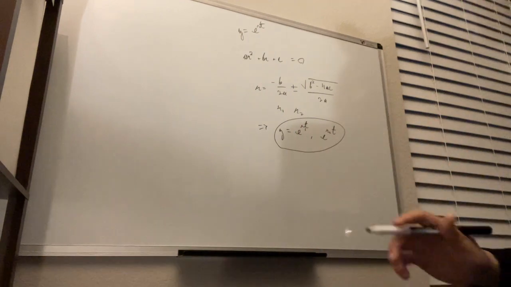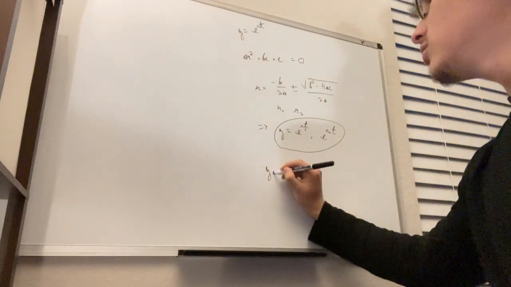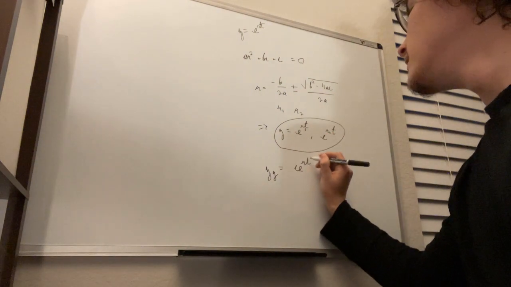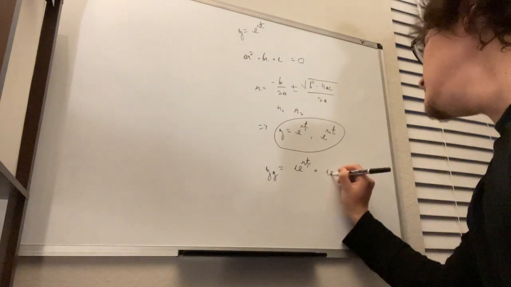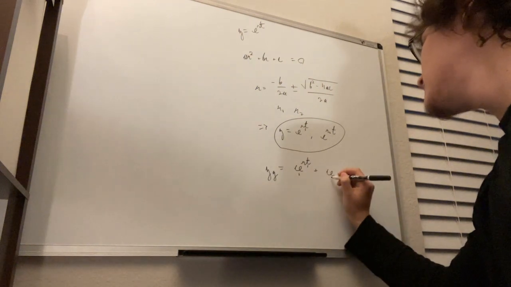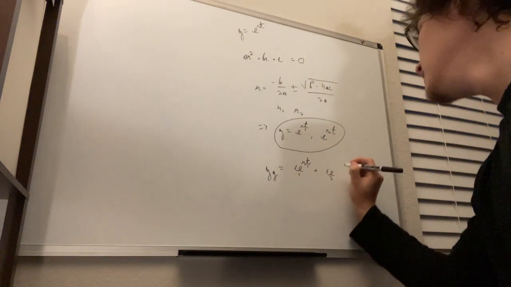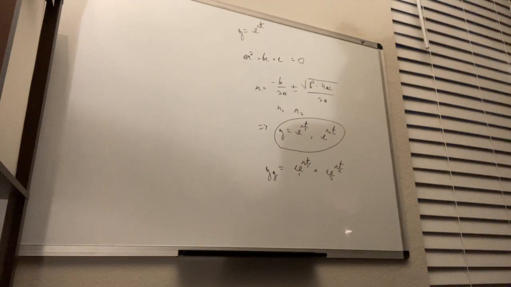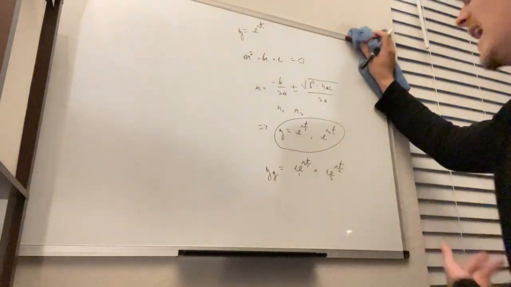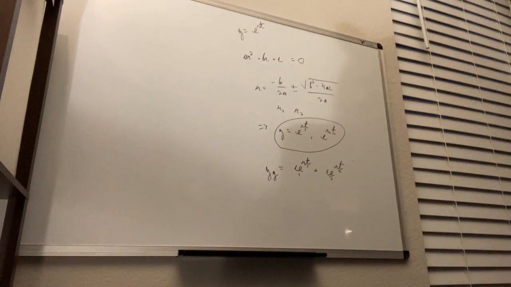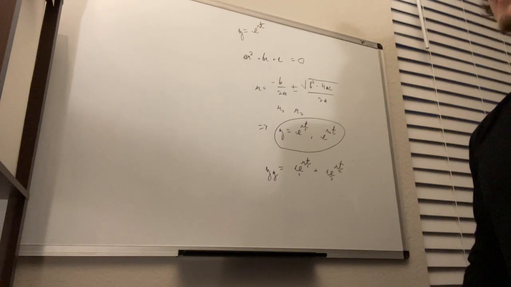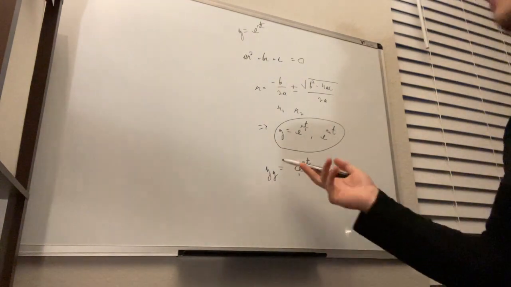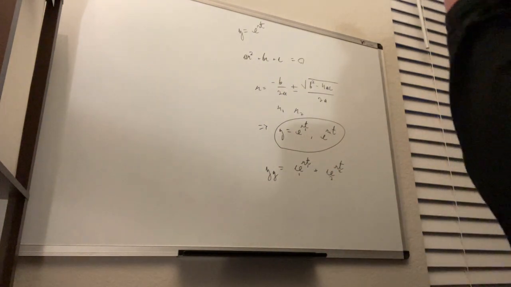We mean that the actual general solution is c1 e to the r1t plus c2 e to the r2t. This is the general equation that we get. Then given any arbitrary constants a, b, and c, and initial values, we can solve for the equation and differentiate to find the constants.